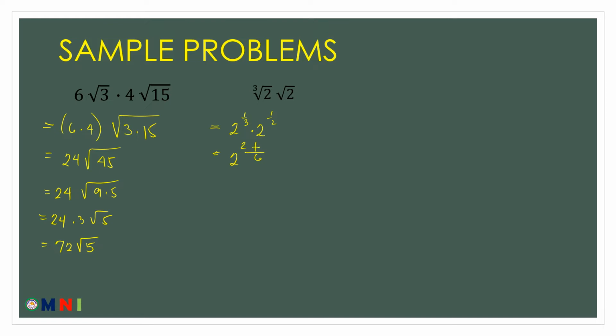Plus, we add because that's the law of exponent. When we multiply the base, we add the exponent. And 6 divided by 2 is 3, times 1 is 3, which is also equivalent to 3/6. Then add, we have 5/6 as the exponent, and therefore, when you write that in radical form, that's the 6th root of 2 to the power of 5, which equals the 6th root of 32, because 2 to the power of 5 is 32.